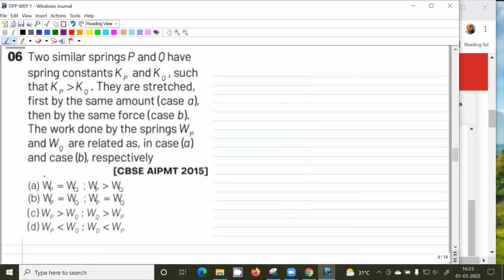So the first sentence is case A, and this is case B.